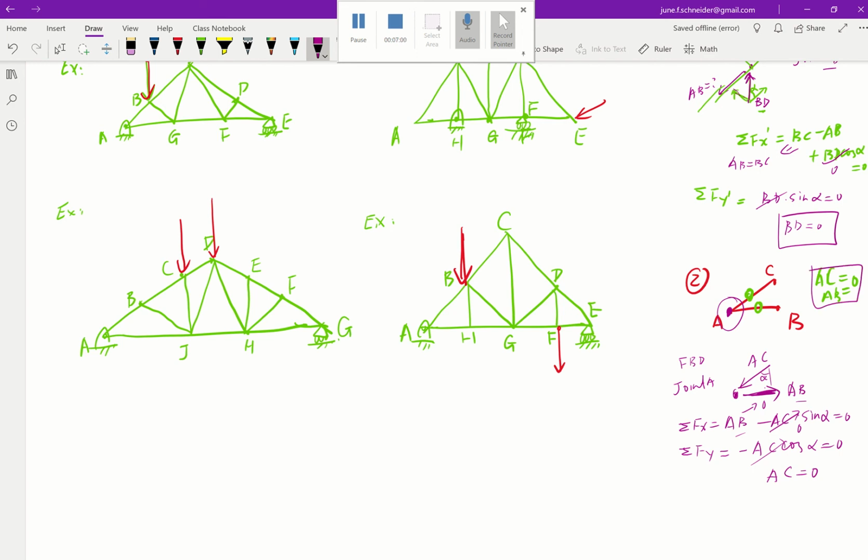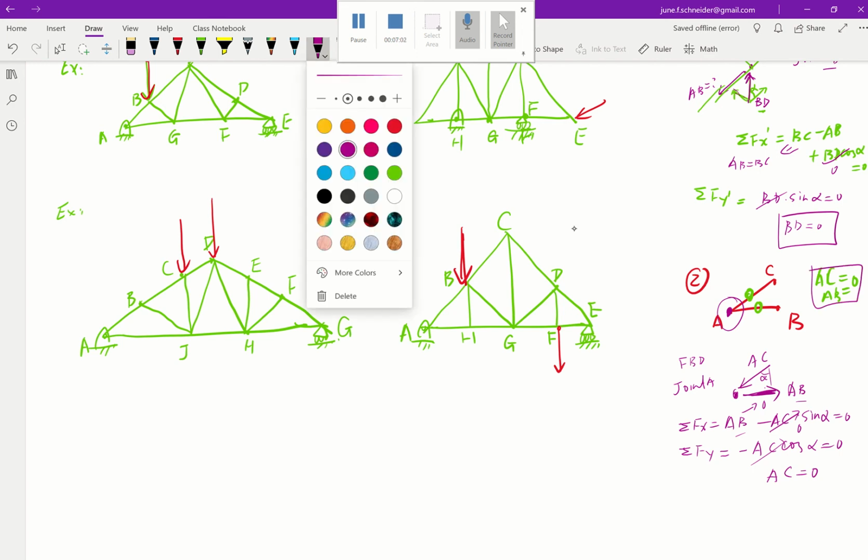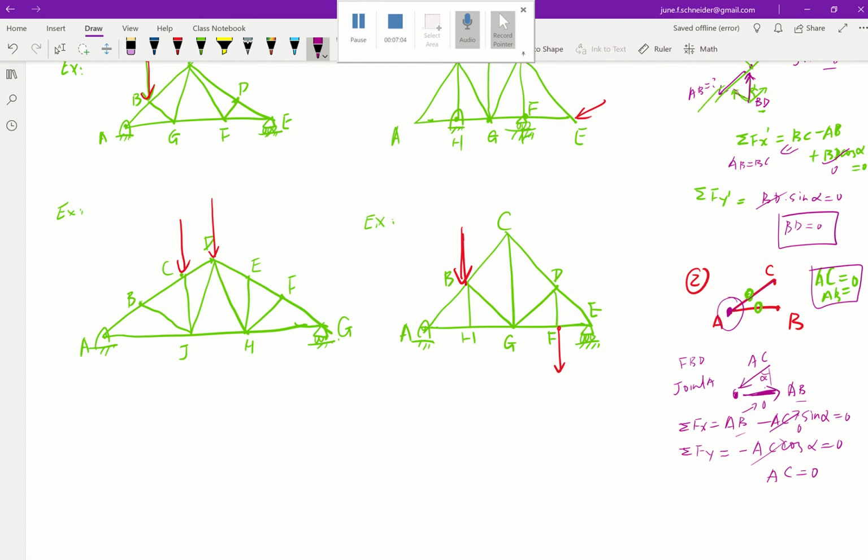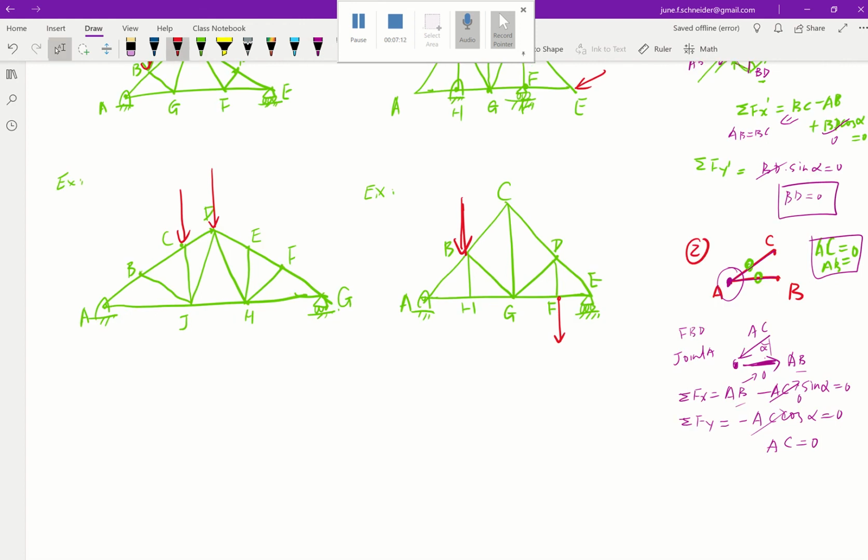So in the future, we can learn that if you have two members just connected, like an overhang, which means not supported by anything, for example AC and AB. However, if A is supported on a pin support or roller support, that does not work anymore.